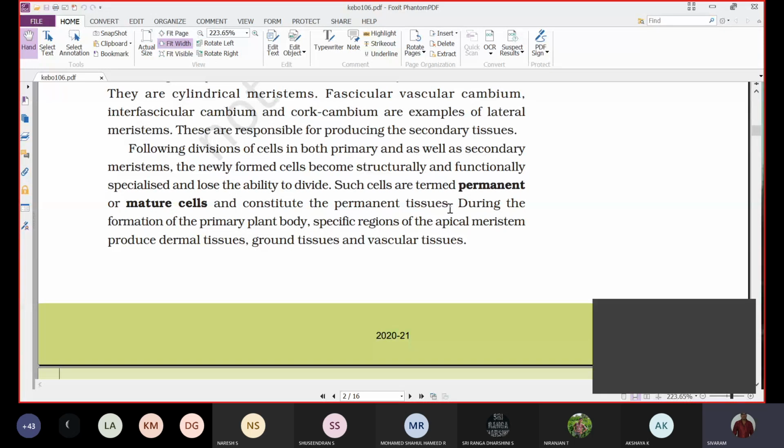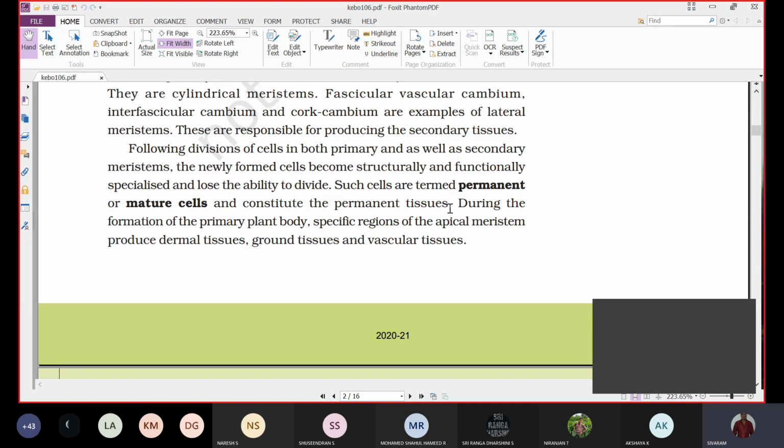These cells can develop either from the primary meristem or secondary meristem, because meristem means it will undergo cell division. If the cells are present from the early days, we call it a primary meristem, and if it has developed in the later period of plant development, we call it a secondary meristem.